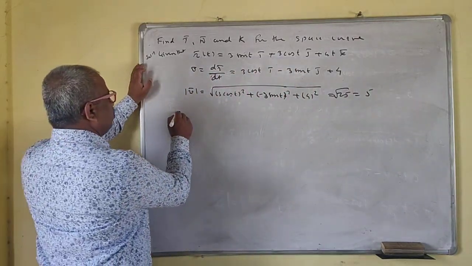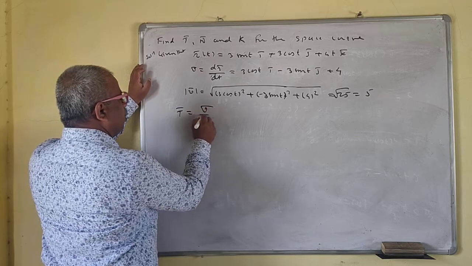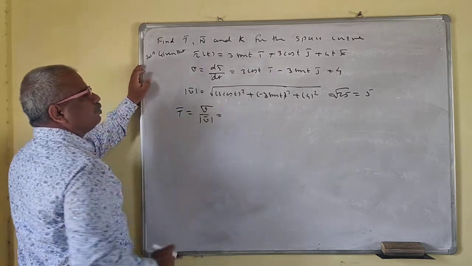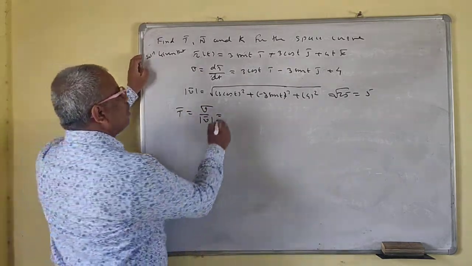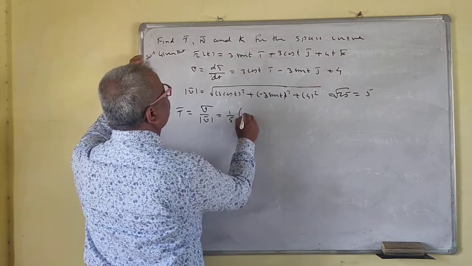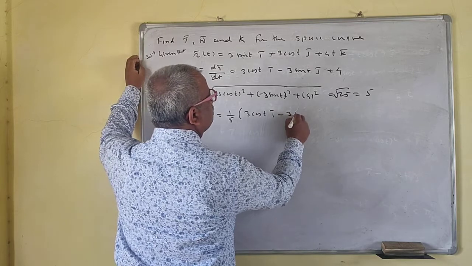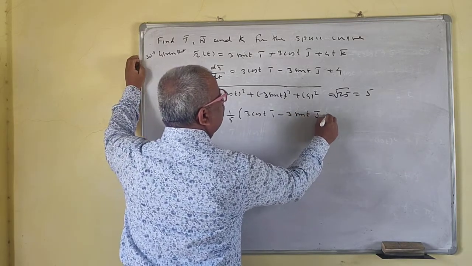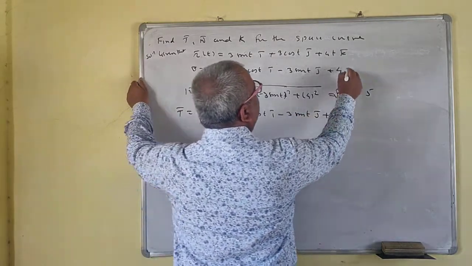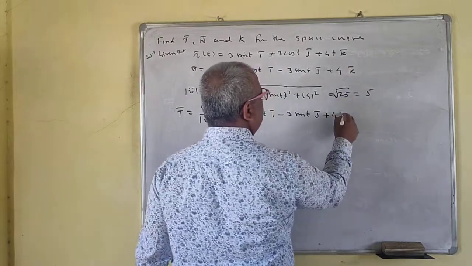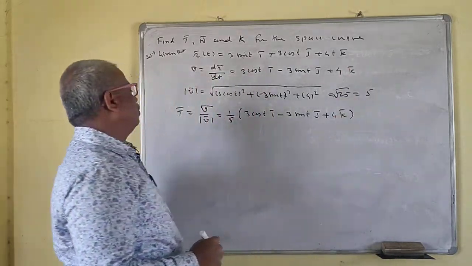So t bar is equal to v bar upon mod of v bar. Mod of v bar is 5, so this is 1 by 5 times (3 cos t i bar minus 3 sin t j bar plus 4 k bar). Okay.